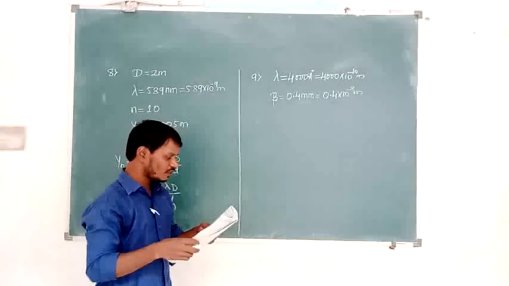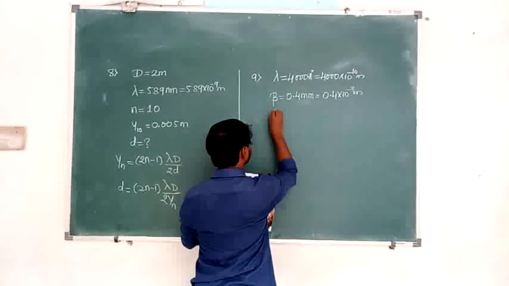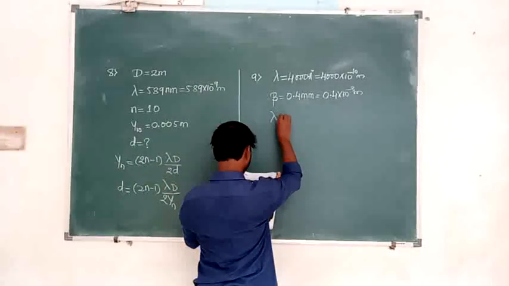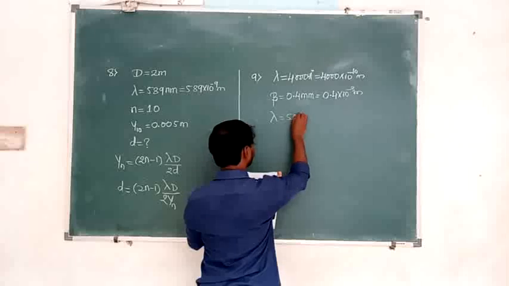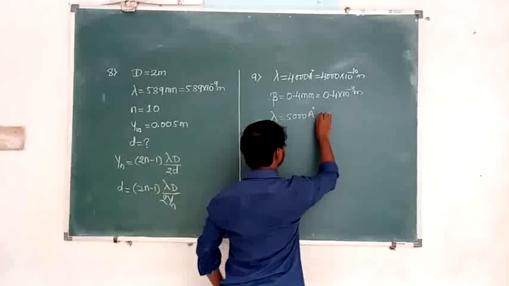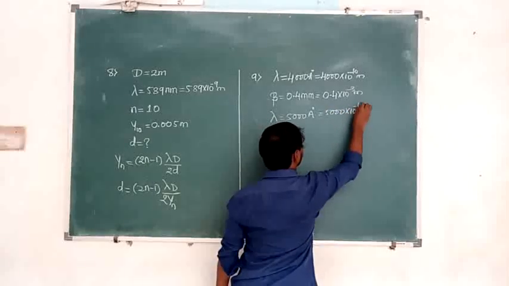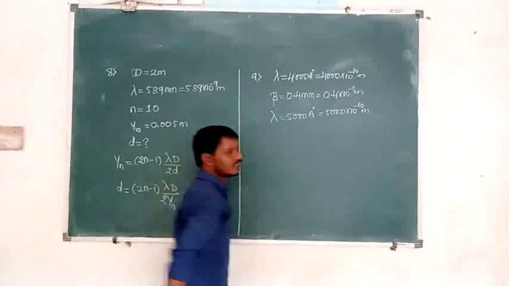When the slits are now illuminated with light of wavelength 5000 angstrom, it is 5000 into 10 to the power of minus 10 meter. So two wavelengths are given here.